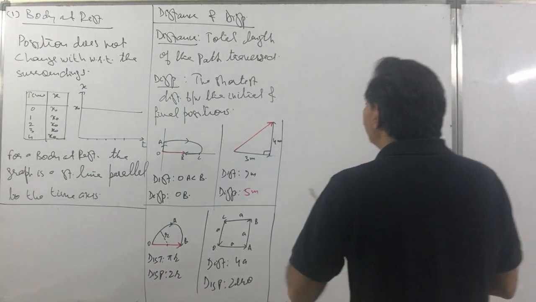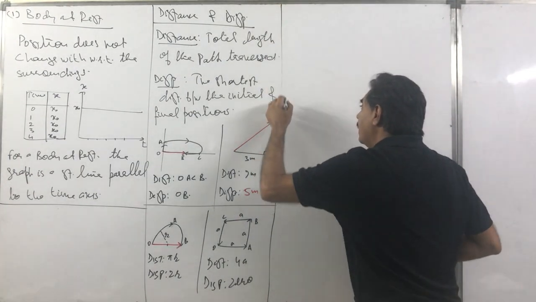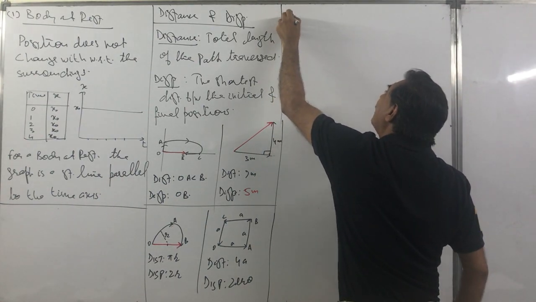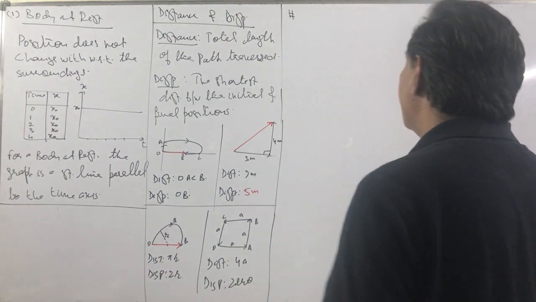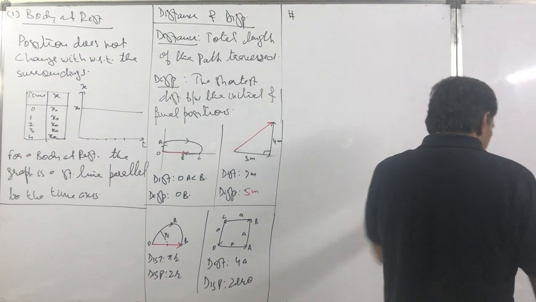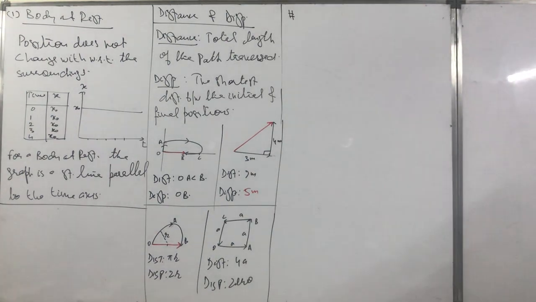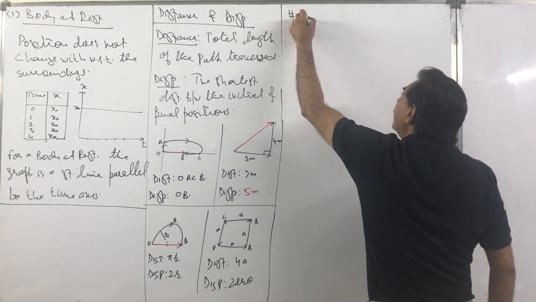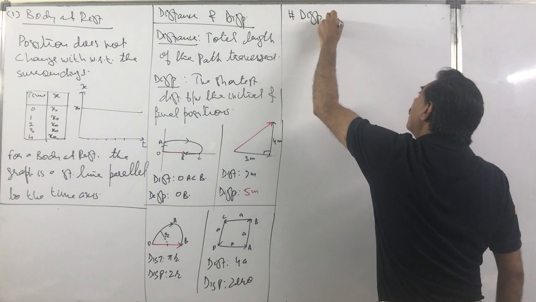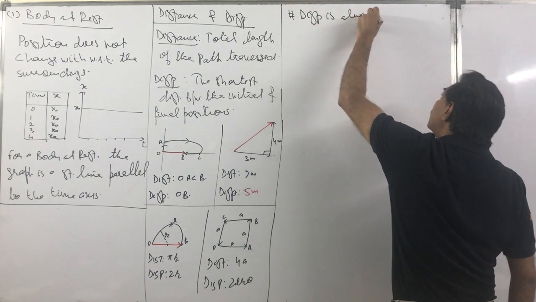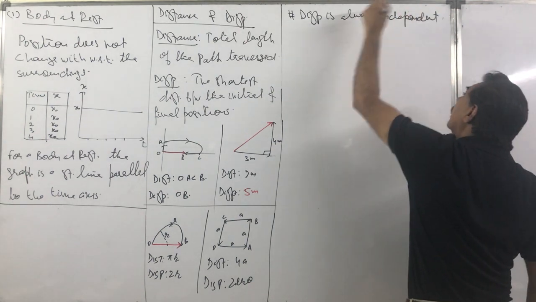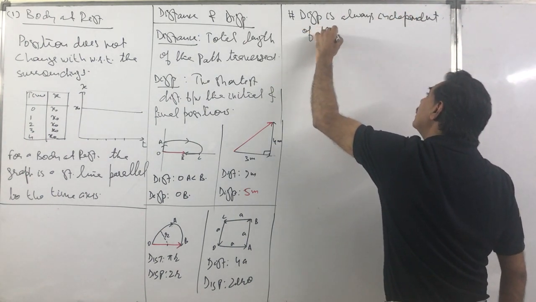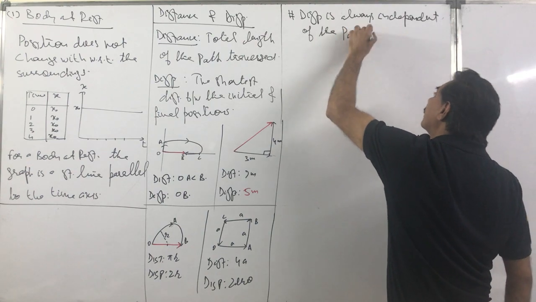Let us, from this discussion, write some points about distance and displacement. Number one, the displacement is always independent of the path.